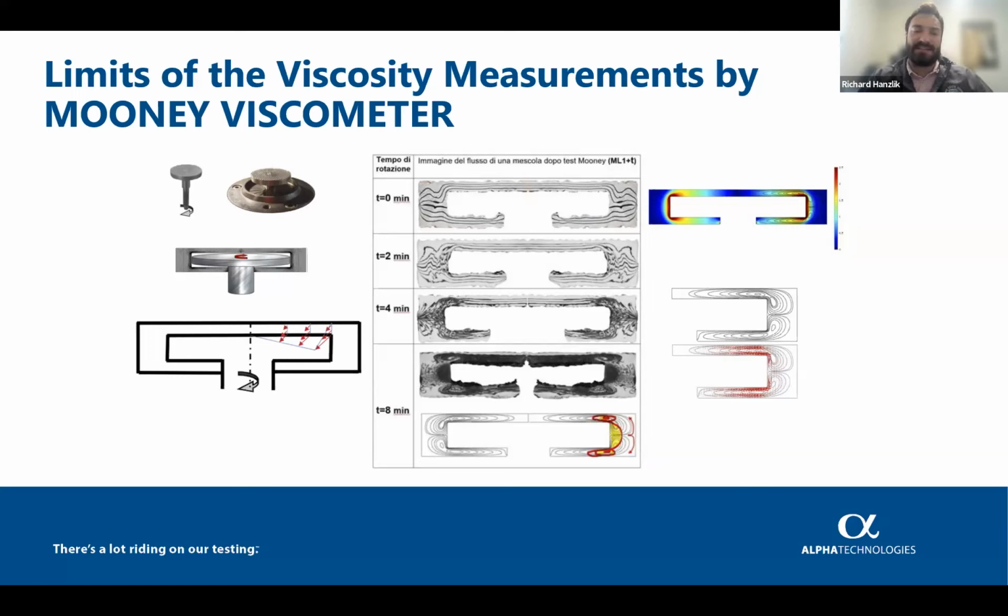And that gives us a rough idea of how easy that rubber is going to be to process in terms of Mooney units. However, as you can see in the drawing here, you can run into some edge effects as that rubber starts to cure up, as that flow starts to become more difficult. And so this is actually introducing variation and error into the measurement system.